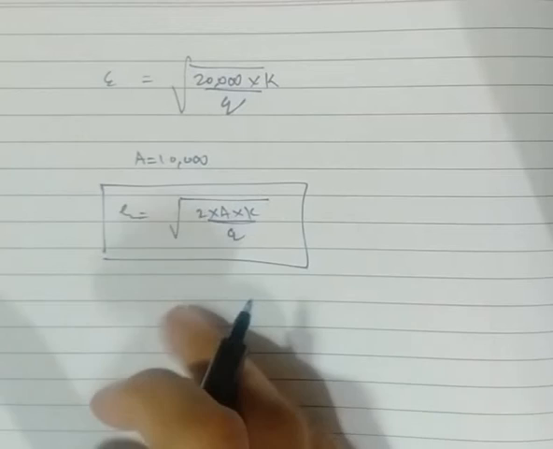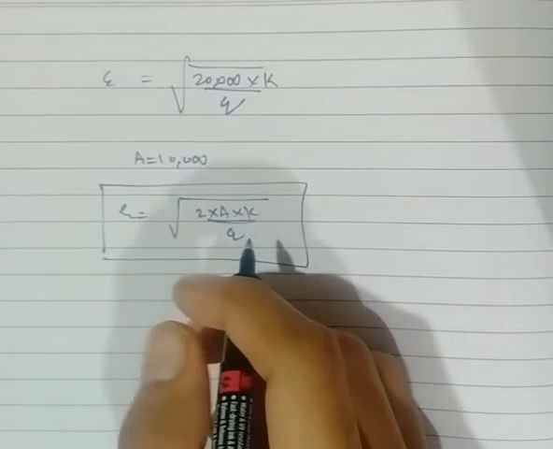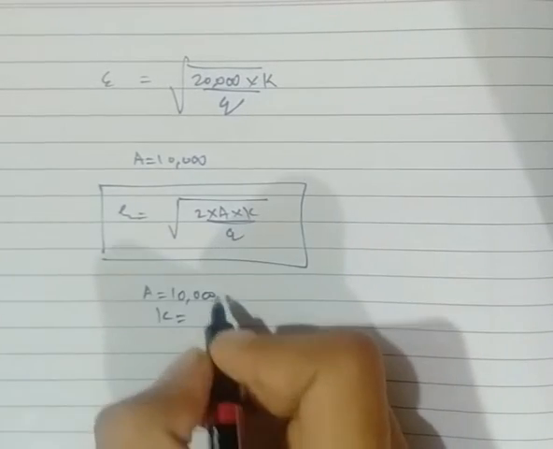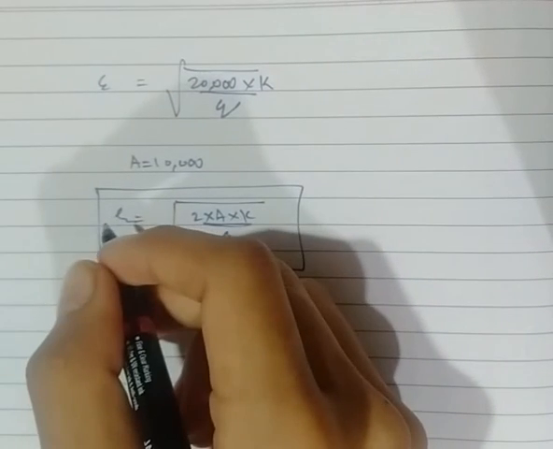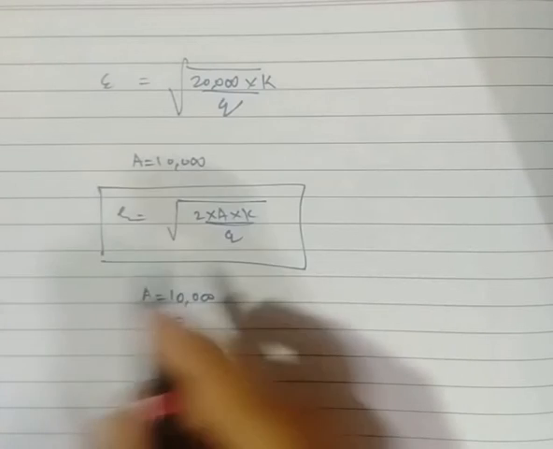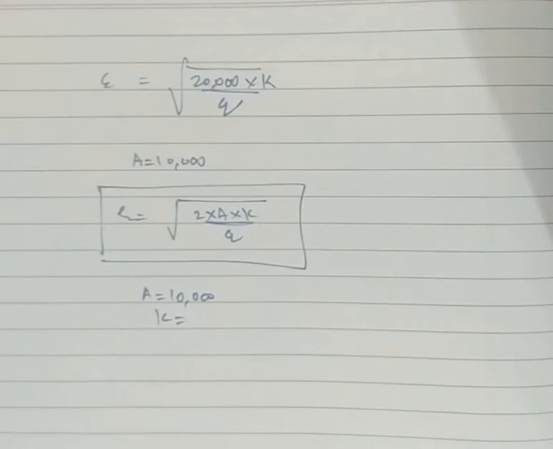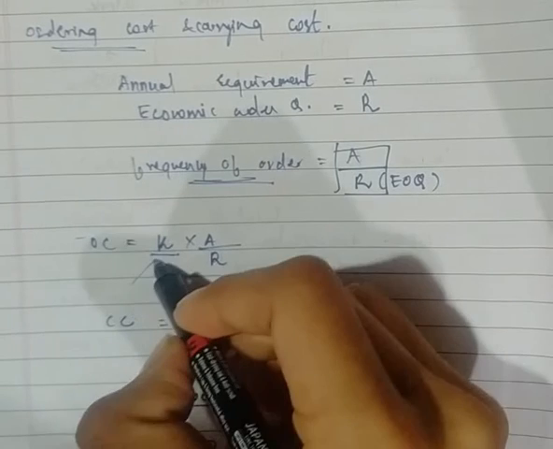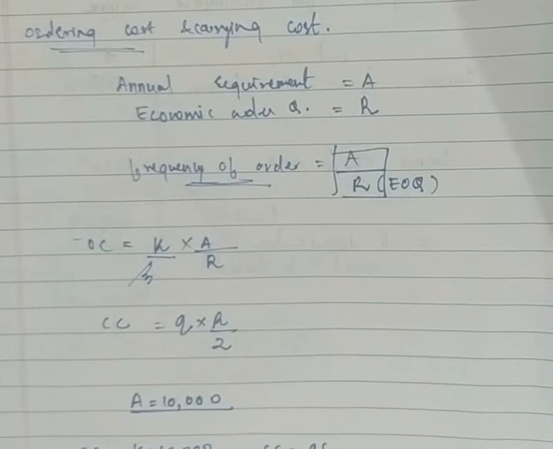Suppose A was 10,000, and our ordering cost is k times A upon r, where k you can think of as per unit; I already explained this is the constant by which the ordering cost will increase.